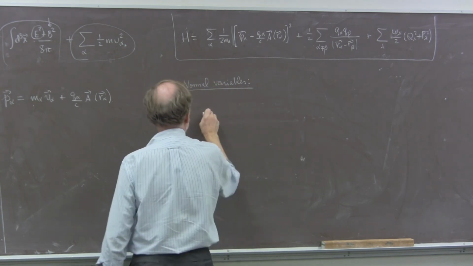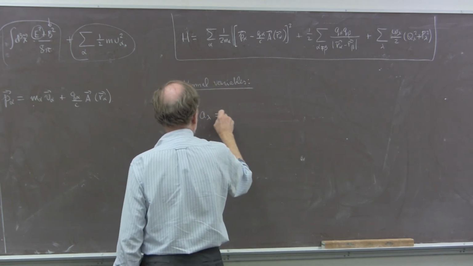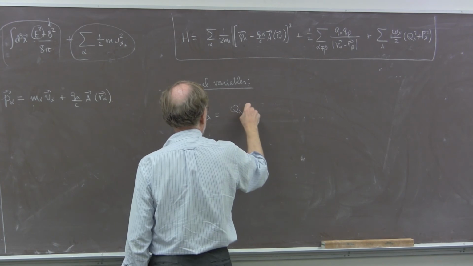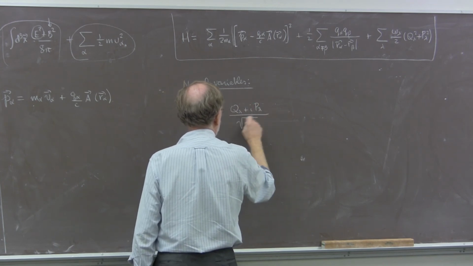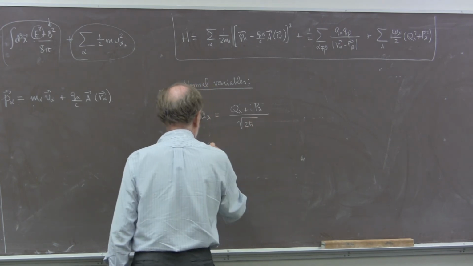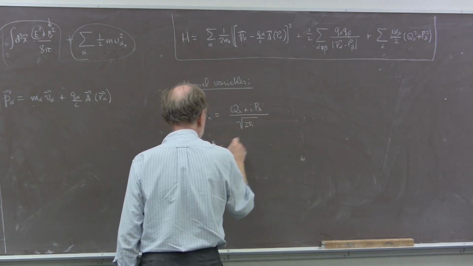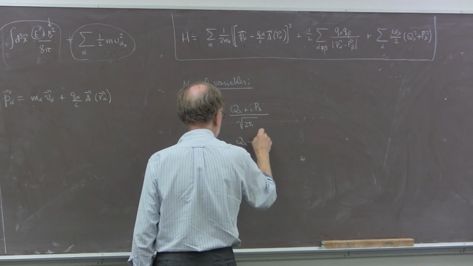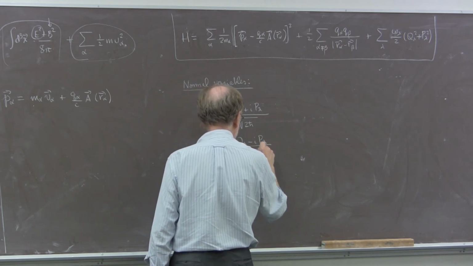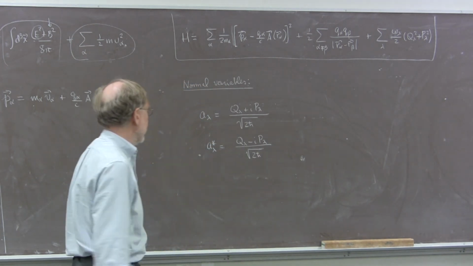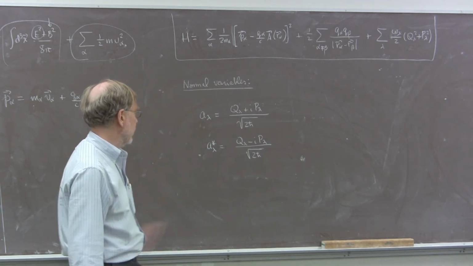They look like this: A lambda is equal to Q lambda plus i P lambda, these are complex variables, divided by the square root of 2 h bar. And A lambda complex conjugate is equal to Q lambda minus i P lambda divided by the square root of 2 h bar. These are classical variables, and even though I'm introducing h bars into them, this is still in the classical description.